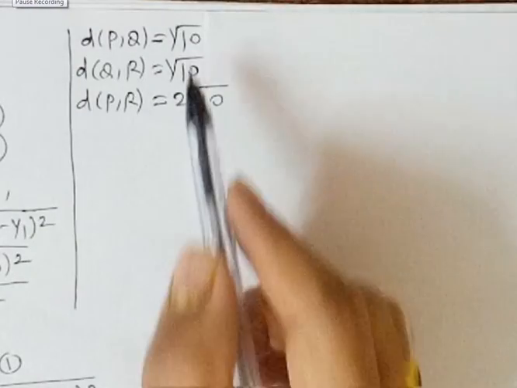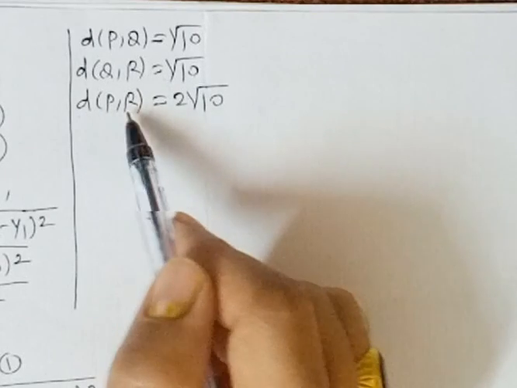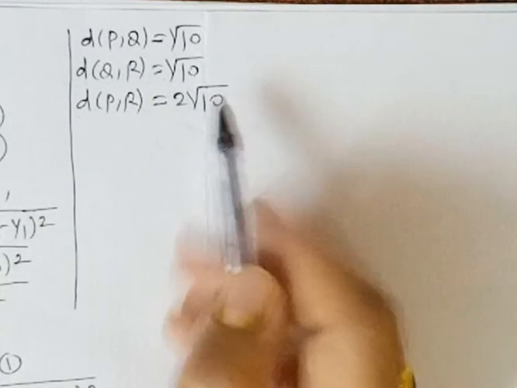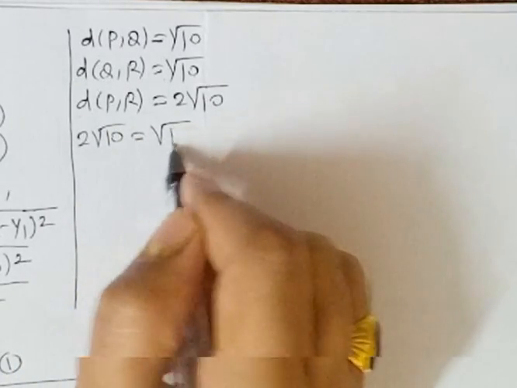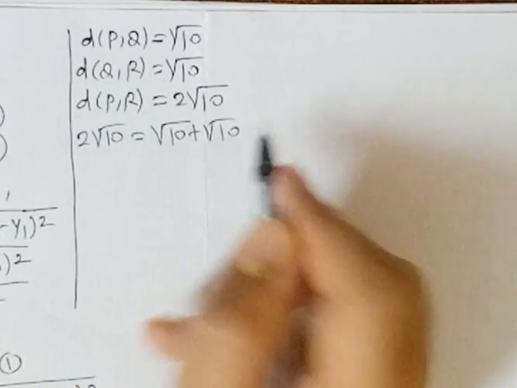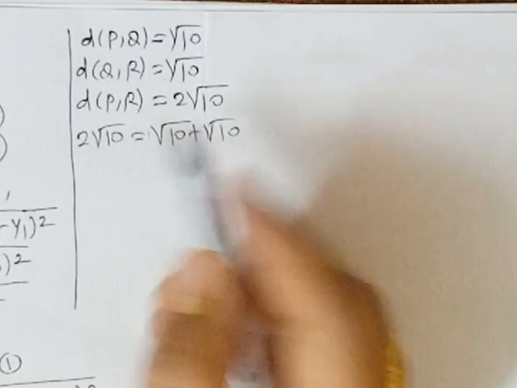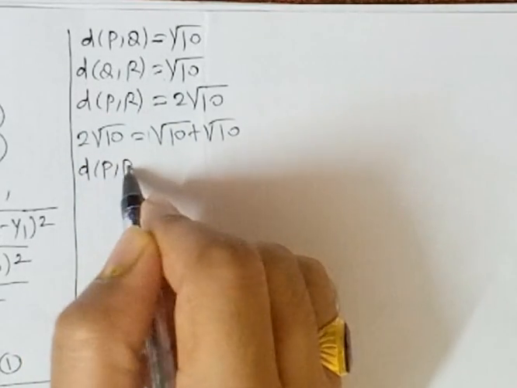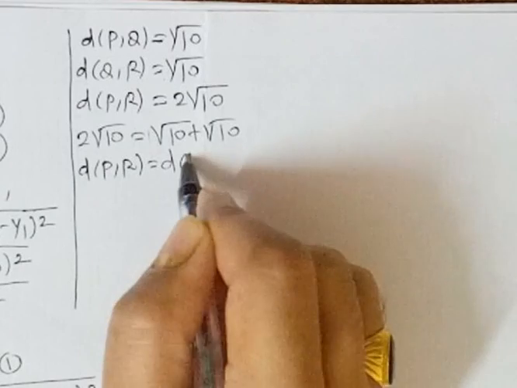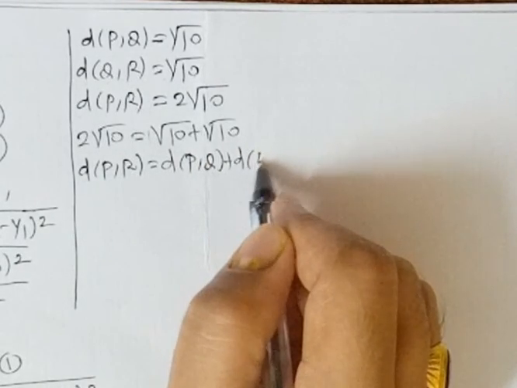Our distance PQ is root 10, distance QR is root 10 and distance PR is 2 root 10. See here 2 root 10 is equal to root 10 plus root 10. Is it right? This is 1 root 10 and this is 1 root 10, 1 plus 1, 2 root 10. That means distance PR is equal to distance PQ plus distance QR.